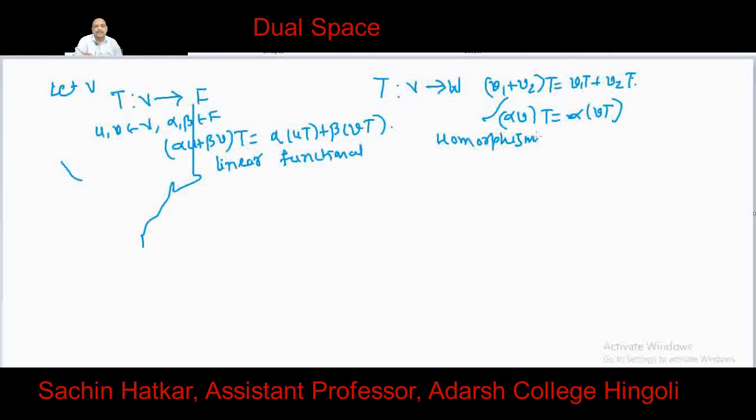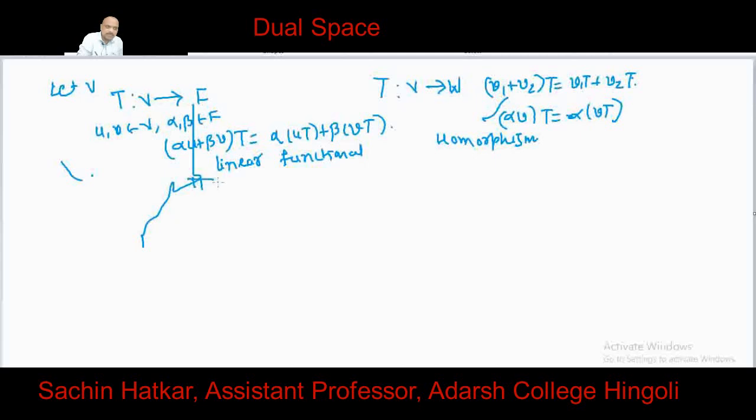Here in homomorphism we have taken a mapping from vector space V into W, whereas in linear functional we have taken a mapping from vector space V into the field F. Vector space V to vector space, here vector space V to field, this is the difference between the linear functional and homomorphism. Now let us see an example of linear functional.